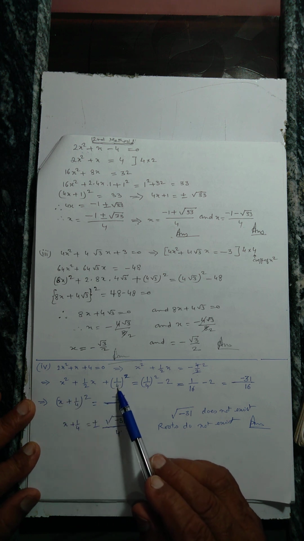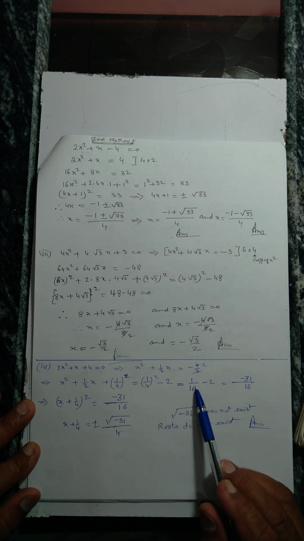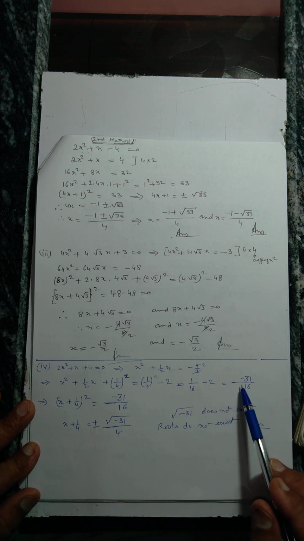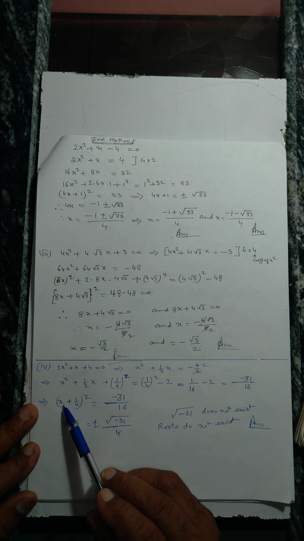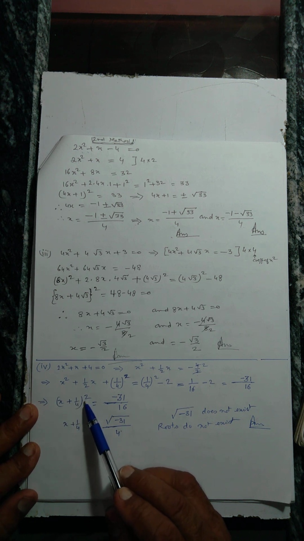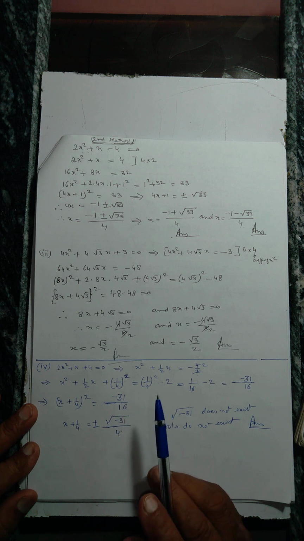So it will become 1 by 4 whole square equal to 1 by 4 whole square minus 2. That will be 1 upon 16 minus 2, that is minus 31 upon 16. So here you see x plus 1 by 4 whole square is equal to minus 31 upon 16.